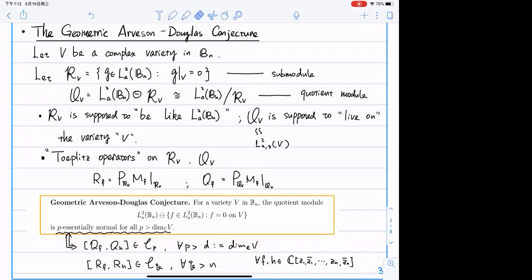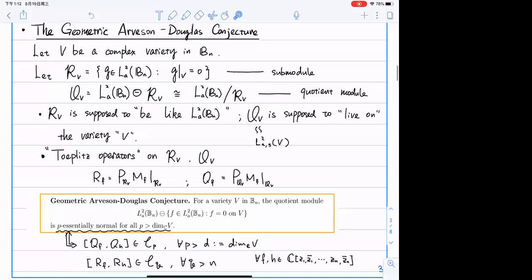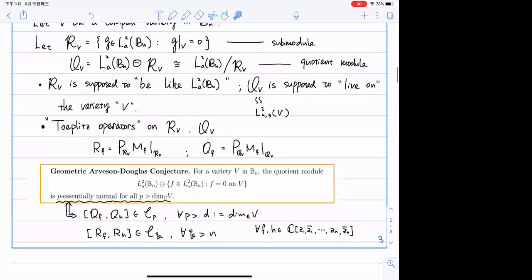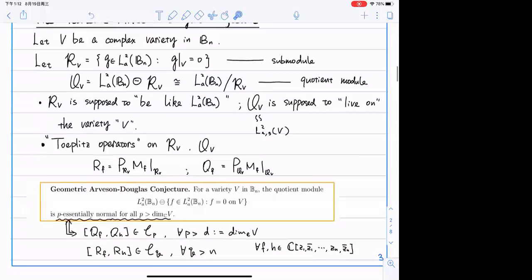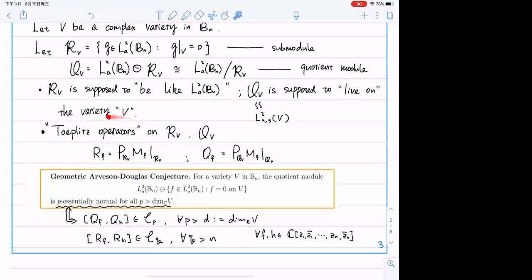So you can expect this quotient module to carry some geometric information of the variety. You can define Toeplitz operators on the submodule, and on the quotient module it is simply the multiplication operator compressed further to the corresponding spaces. That's what we call generalized Toeplitz operators on the submodule or quotient module.